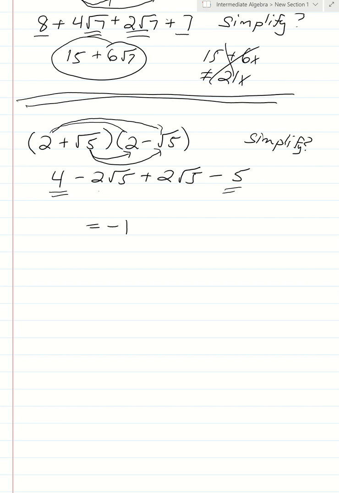Then let's take this negative 2 square root of 5 and add to it the positive 2 square root of 5, because they are also like terms. Well, negative 2 plus 2 would actually give you a plus 0 square root of 5. But we know we can always express that in simpler form. We don't actually need that 0 square root of 5, so let's just write the most simplified answer of negative 1.